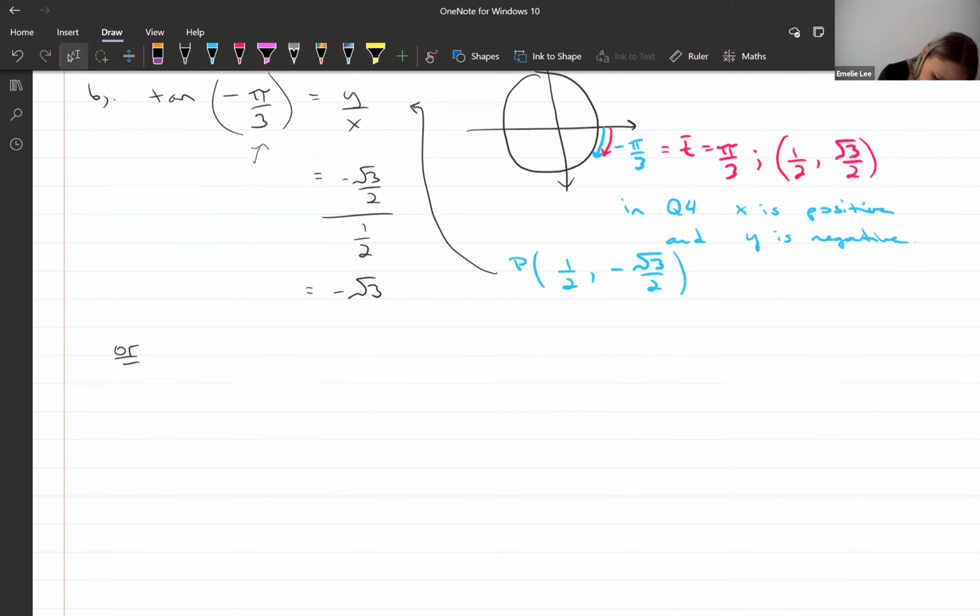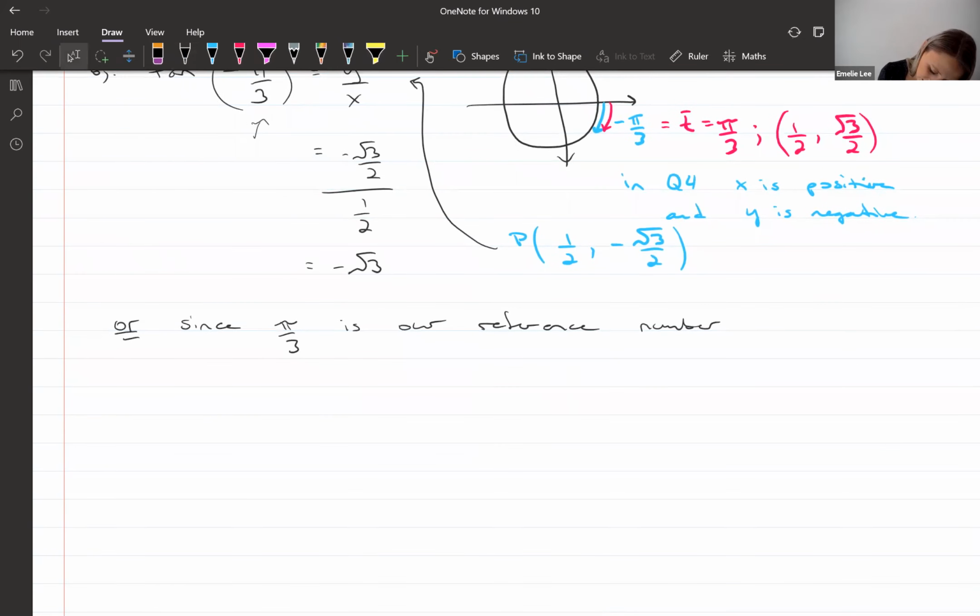Or, since pi over 3 is our reference number, there'll be angles soon enough, but for now, we can say that the tan of negative pi over 3 is going to be the same as the negative tan of pi over 3.